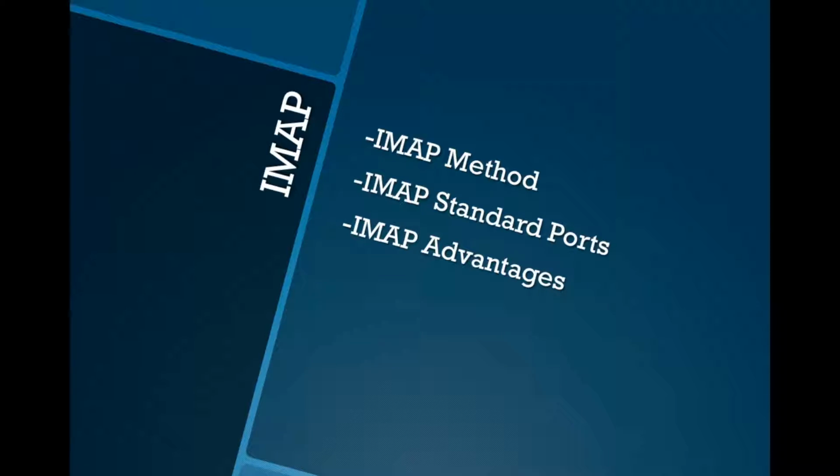Getting more into IMAP, the IMAP method is basically connecting to a server to read incoming mail from a modern email program. For instance, if you ever had to set up an email account before, you've probably been asked which protocol you would like to set up, POP3 or IMAP. POP3 we talked about previously last week.